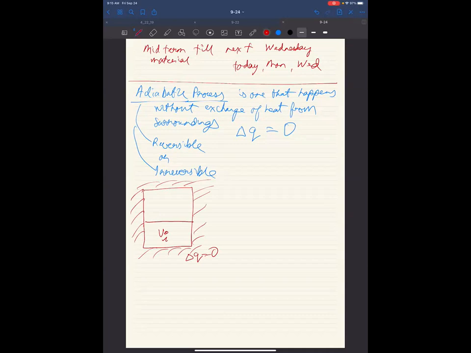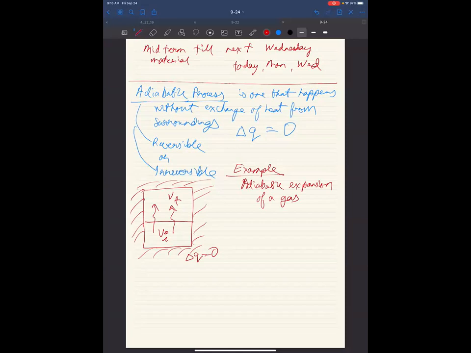For example, the gas is allowed to expand to volume V_F, from V_I to V_F. So an example is adiabatic expansion of a gas. Now this could be reversible, this could be irreversible. Reversible means that the pressure experienced by the gas is the same as the pressure the gas would have if it was following an equation of state.